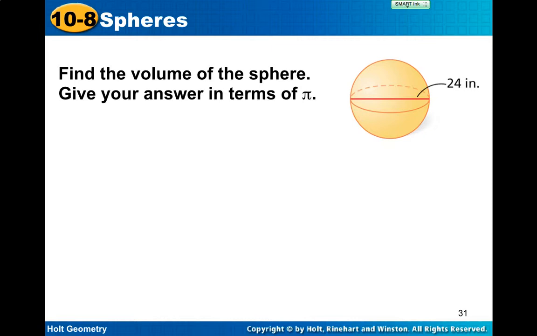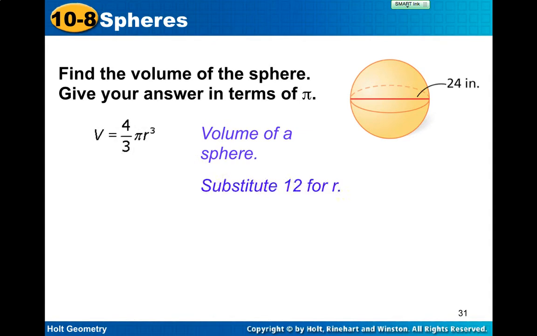But what's our radius here? 12. So probably you just want to try the calculating. 12 cubed times 4/3. That one does simplify pretty good. It just says in terms of pi, but I guess what do you get as a decimal?